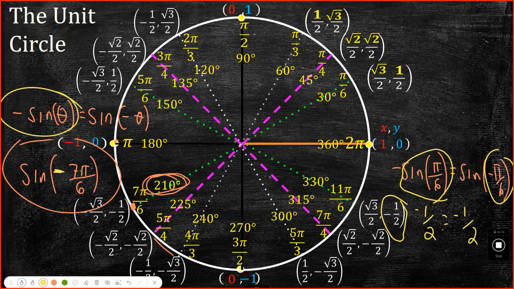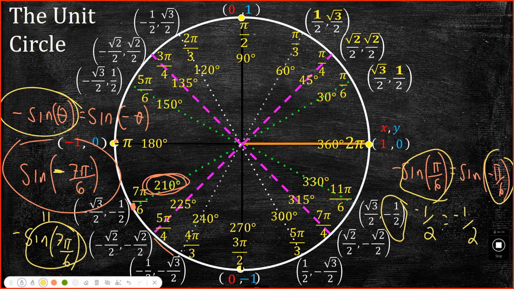So whenever you get something like sine of negative 7 pi by 6, that is equal to negative sine 7 pi by 6. You know what I did? Because this is equal to that, and then that is equal to that, then I can just go and do sine 7 pi by 6.